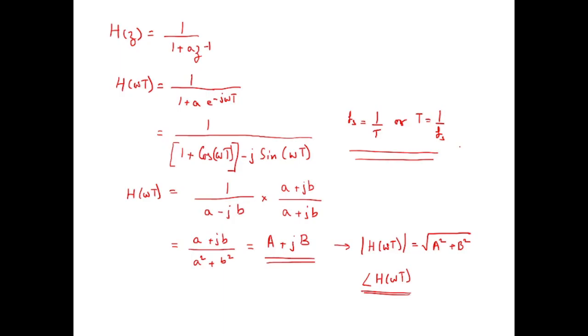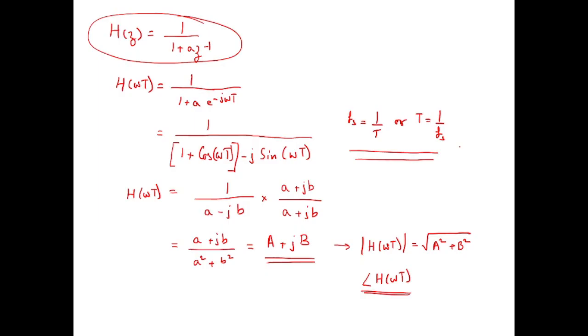Okay, as we get into the next levels of digital filter designing, we will be getting into the FIR and IIR filter designs. So suppose we are getting this kind of transfer function. This is a generalized transfer function.